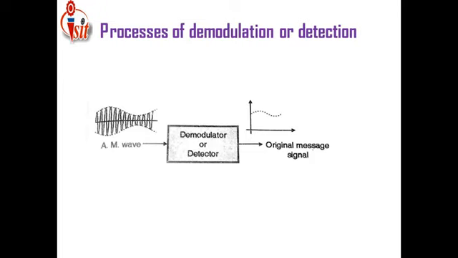As I have told you, for modulation we combine the modulating signal and the carrier signal and introduce a modulated signal. That means the modulated signal is the combination of the modulating signal plus the carrier signal. For the combination of these two signals, the carrier signal has a very high frequency.